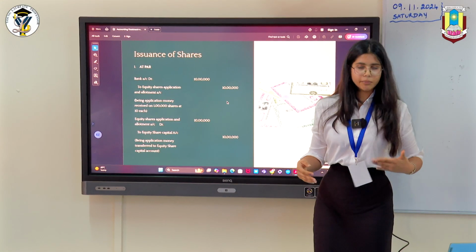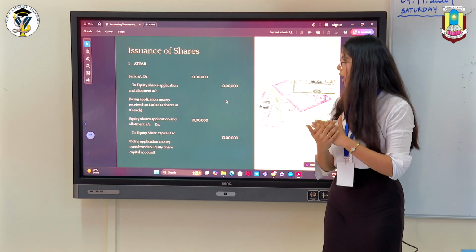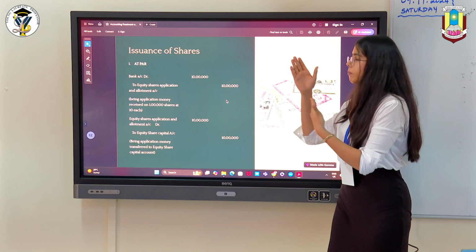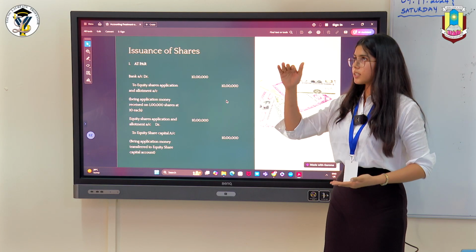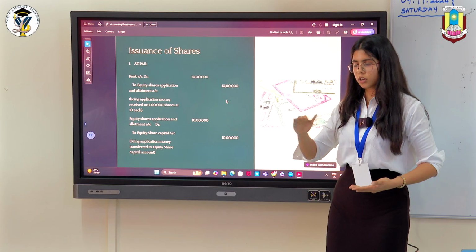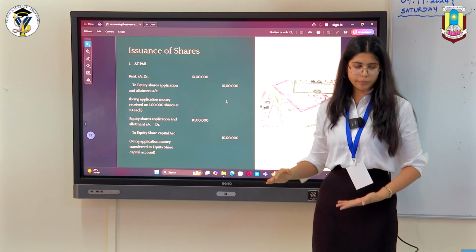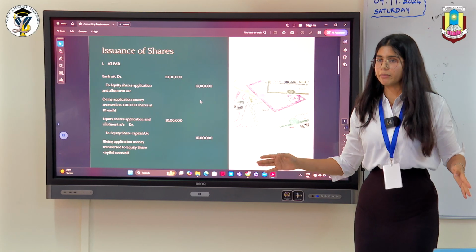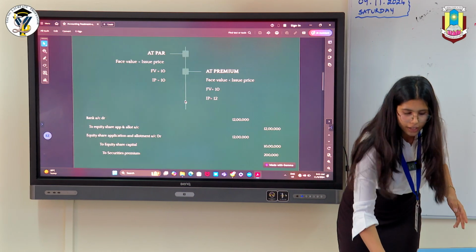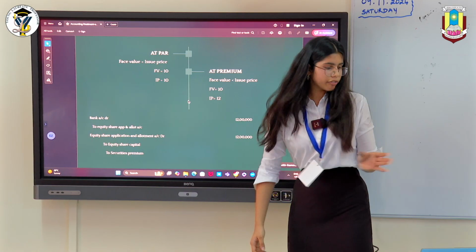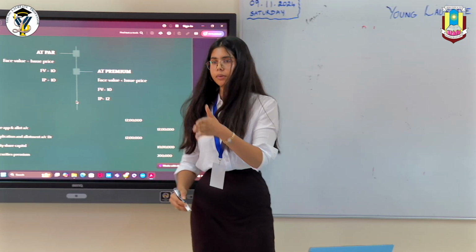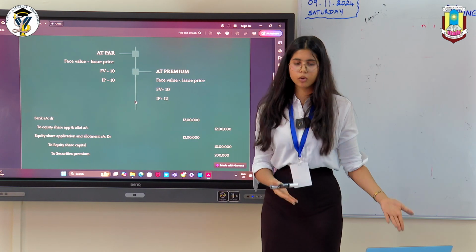That means either you pay the whole amount of your share price at once, or you pay it in multiple installments such as application, allotment, first call and so on, depending upon the company. Shares can be issued at par or at premium. Par is when the face value of your share is equal to the issue price, and premium is when your issue price is more than face value.